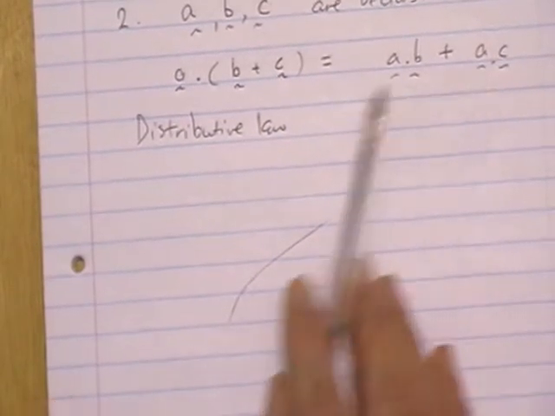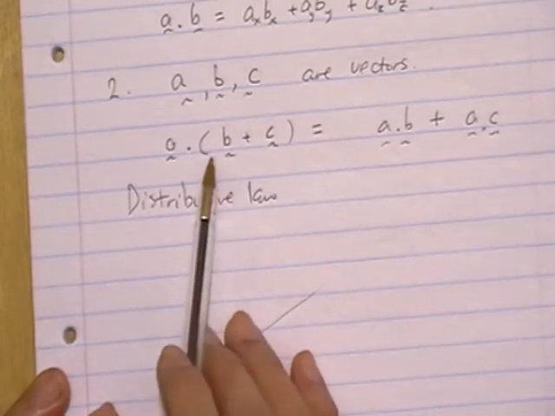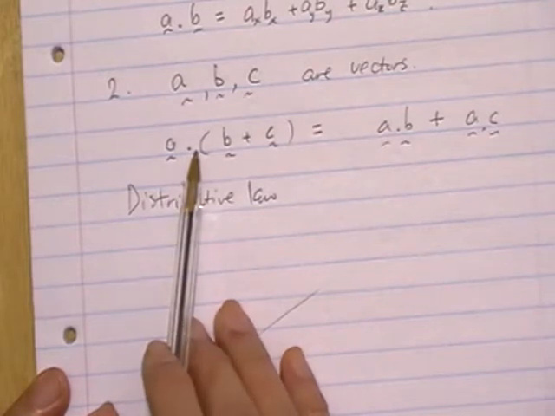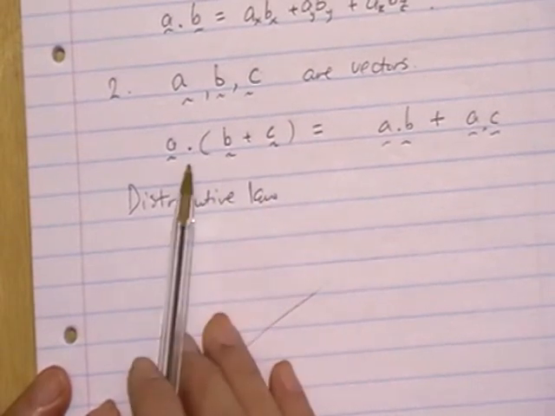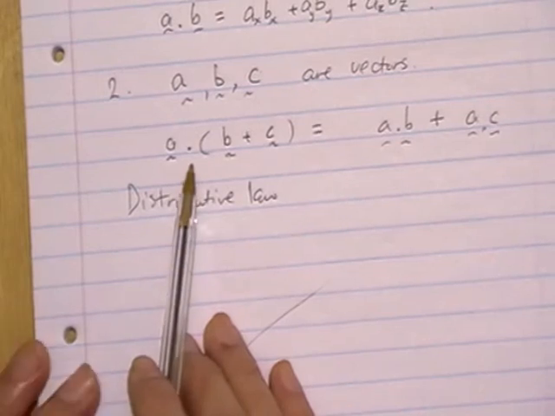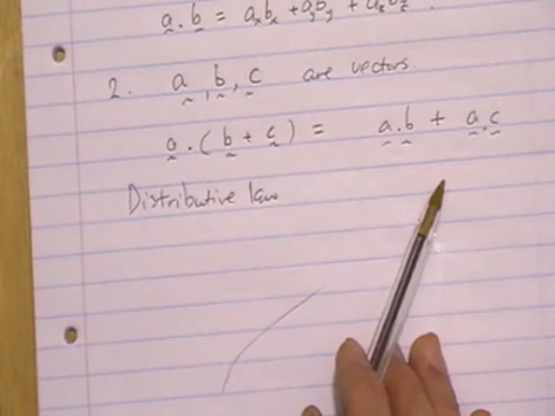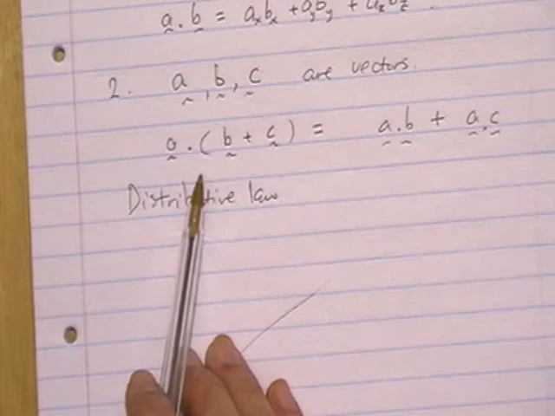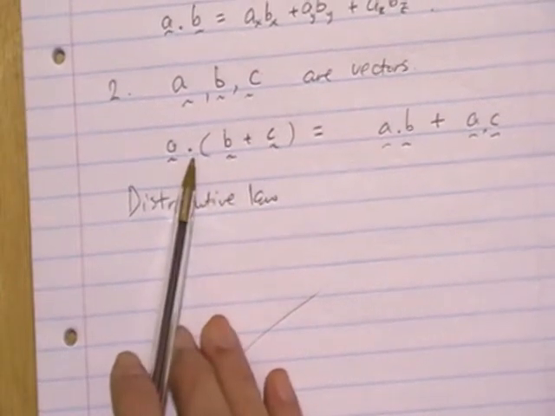Now eventually we'll see that because this dot product obeys the distributive law, it can quite often be manipulated in very similar ways to what we would do with numbers when we multiply simple numbers.